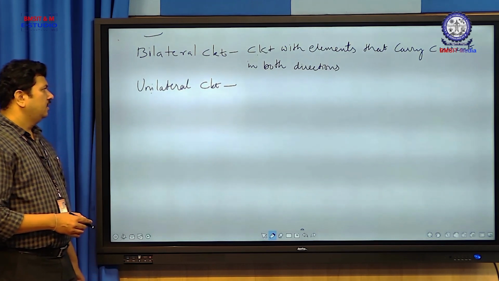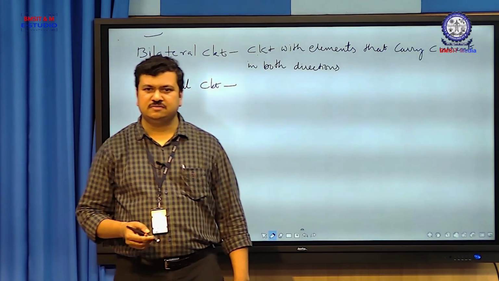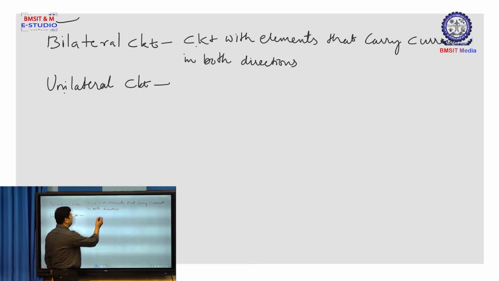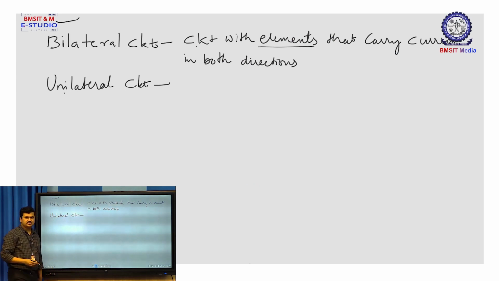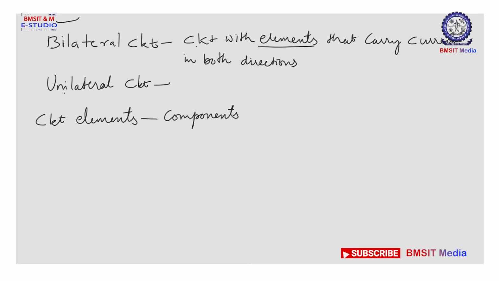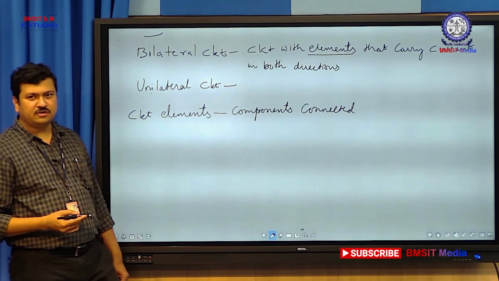Okay. Then what are circuit elements? We were talking about circuit elements. Here we have mentioned circuit elements that carry current in both the directions. Circuit elements are nothing but the components or the devices connected. What are the different types of components we have?